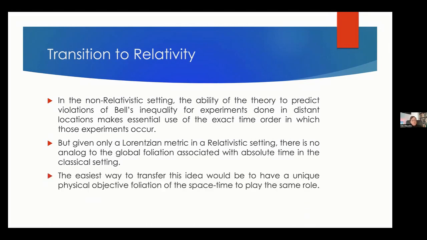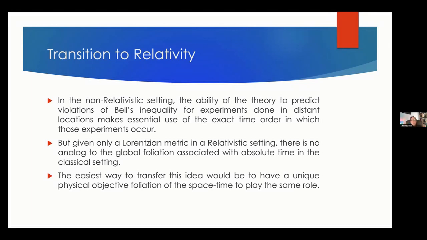Now you say, but wait a minute, in the non-relativistic theory, I really needed this time order, right? It was important physically whether Alice or Bob does their experiment first. And now I want to somehow produce such a theory in a relativistic setting. I no longer have this global foliation. What am I going to do?